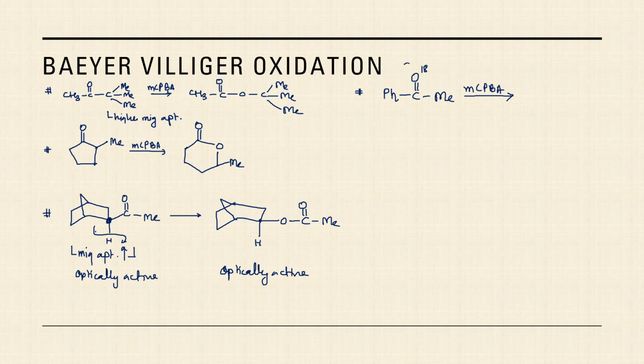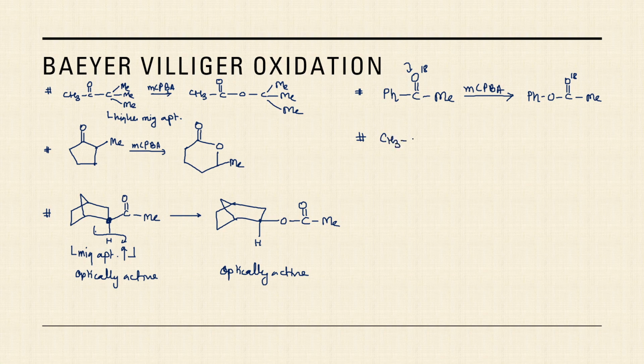Always remember, if this carbonyl oxygen is labeled, that carbonyl oxygen persists within the molecule and will not be lost in the course of the reaction. We will get this. Okay? Perfect.